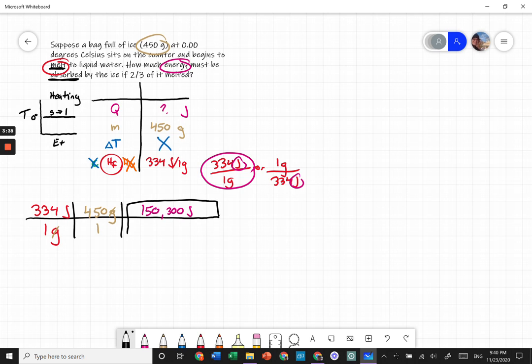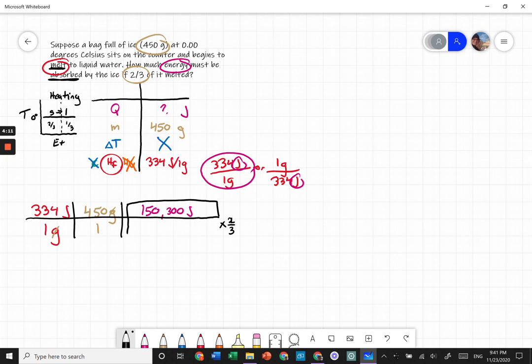Should be done. Oh wait, how much energy must be absorbed if 2/3 of it has melted? There's a couple ways I can do this. I can say, to get to this point, it's going to be about 2/3 on our graph. So 2/3 over here, 1/3 over. Actually, I should multiply by 2/3, because it takes 2/3 to get to that point in melting.